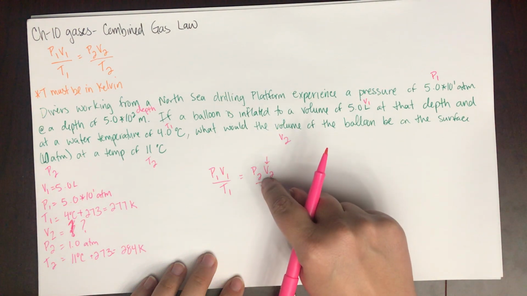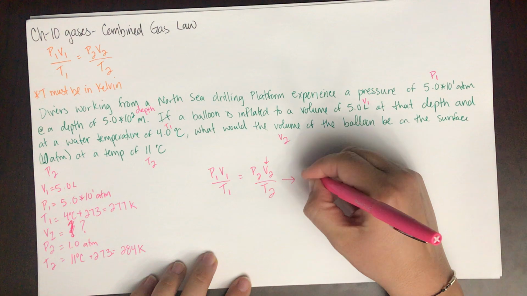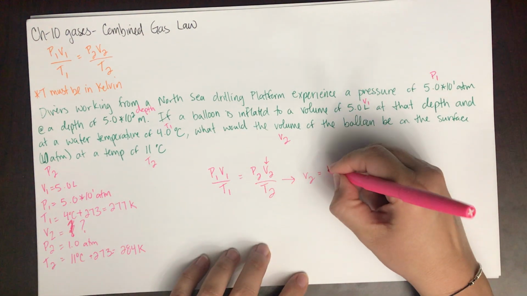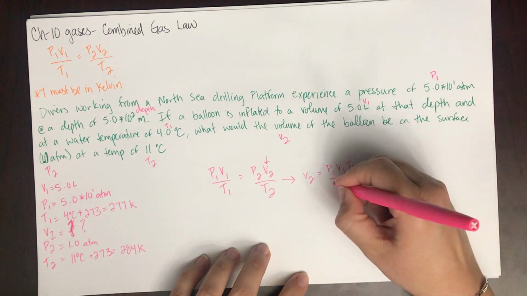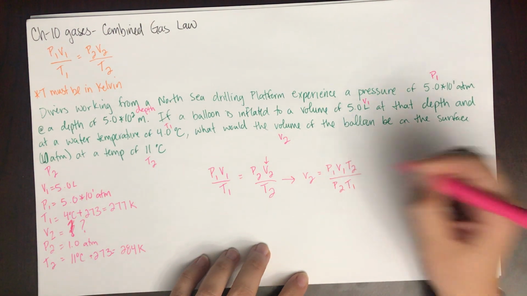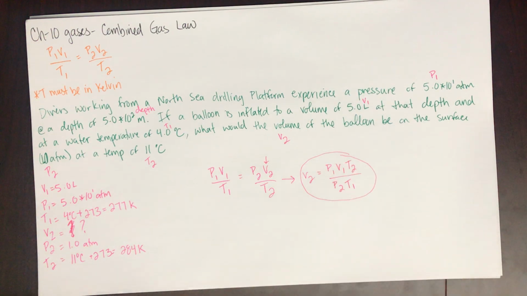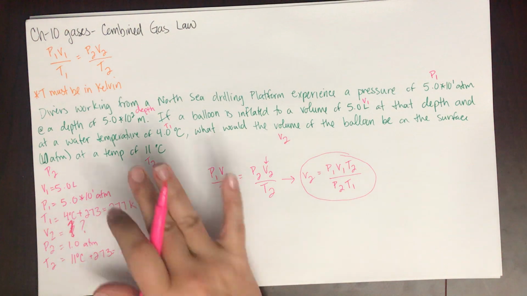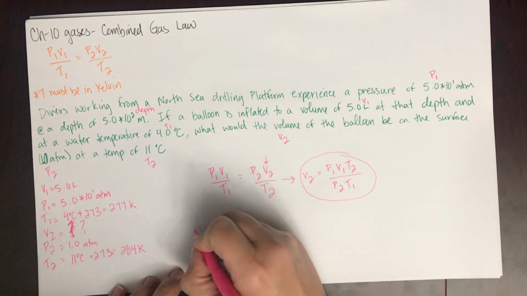I'm going to divide both sides by P2 to get V2 by itself. So now we've just rewritten it to this, so we can plug all these numbers in and solve for V2. You do not have to do this. You could put all of the numbers in and then rearrange it that way. Totally up to you.